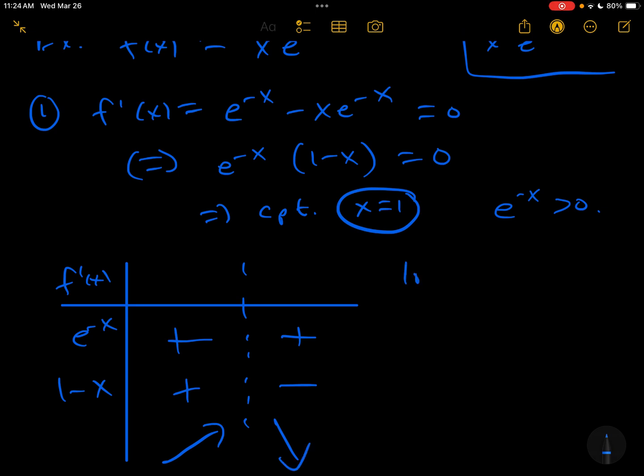So local max at 1 comma 1 over e. The function's increasing from minus infinity to 1 and decreasing from 1 to infinity. So we got a local max.